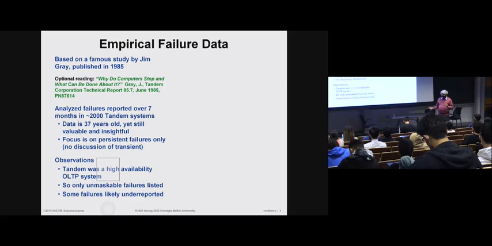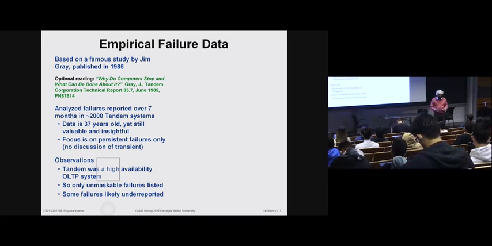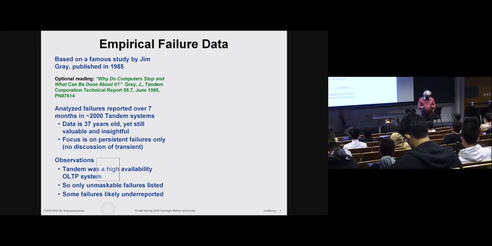Also, keep in mind, because the system was by design a high availability system, the expectation is that the code quality was very good, much higher than the random web service that you find today. So you should treat what is learned from here as a kind of lower bound on the kind of likely failures in a real system.